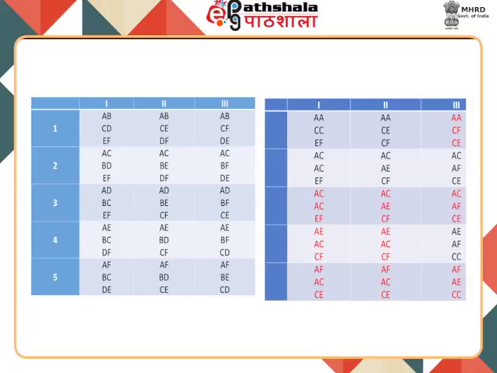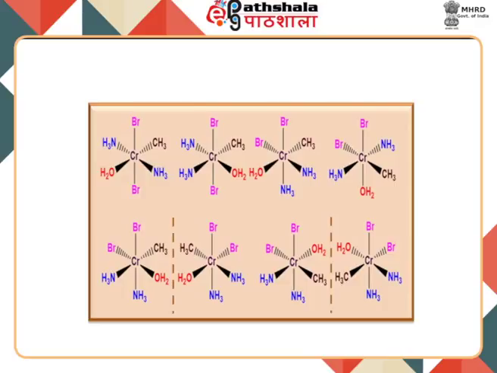This leaves 6 distinguished configurations, out of which 2 are dissymmetric and have enantiomers. For example, diammine, aqua, dibromo, methyl chromium(III) cation will have 8 isomers.